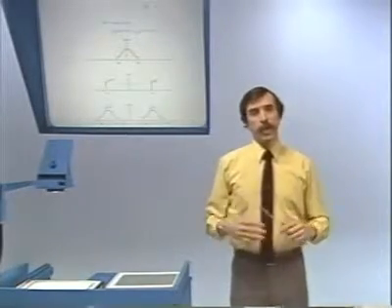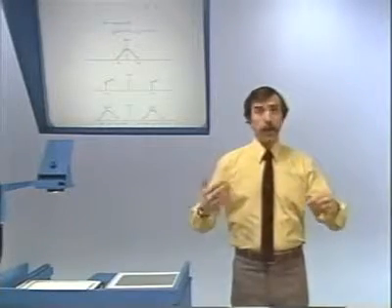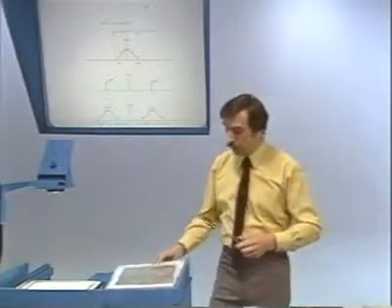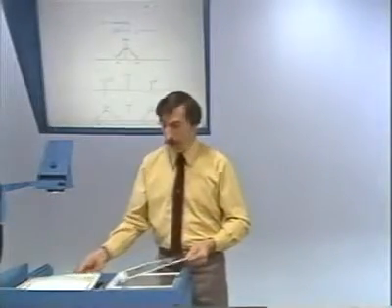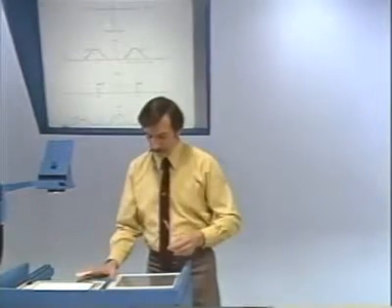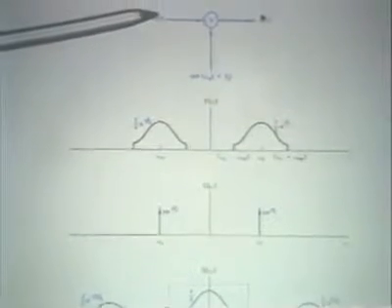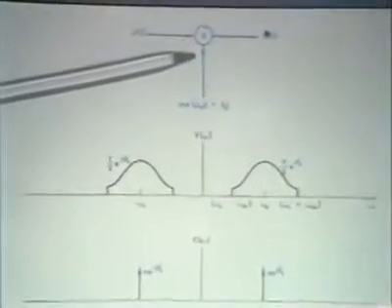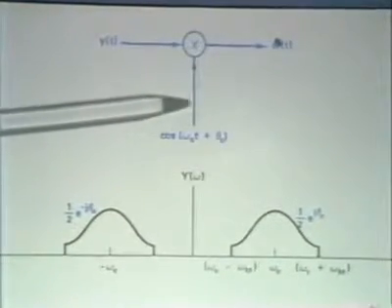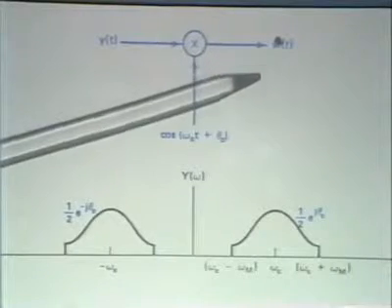Let's see what happens if we attempt to demodulate by again multiplying by the same sinusoidal carrier. So let's examine what happens if we now take our modulated signal and again modulate it onto the same sinusoidal carrier to generate the output W of t.